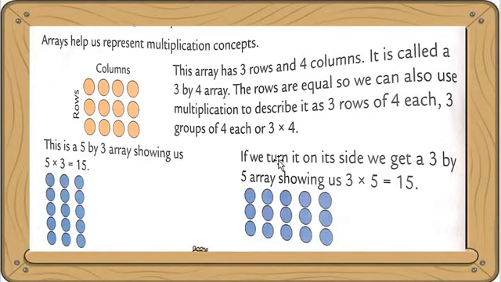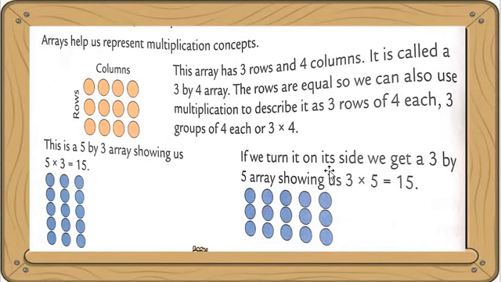3 4s are 12. Now this is a 5 by 3 array. What is a 5 by 3 array? It is equal to 15. How many rows are there? 1 2 3 4 5. See, count here, 5, 5, 5, and this side is 3.